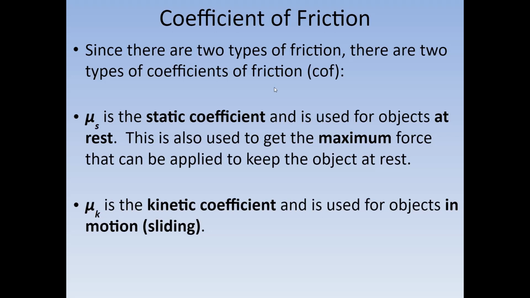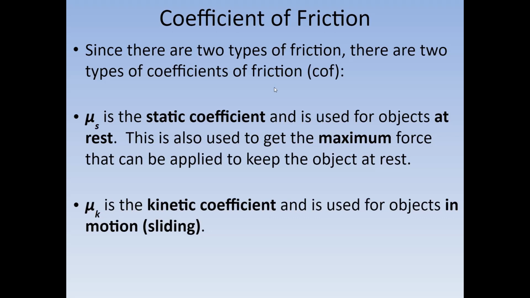What do I mean about that? Well, let's say you use the static coefficient on an object that's at rest, and you find that the static force is 40 newtons. Okay, but technically, if you apply 30 newtons of force to the object, it will still remain at rest. It would not make sense for there to be more frictional force than the force you're applying.